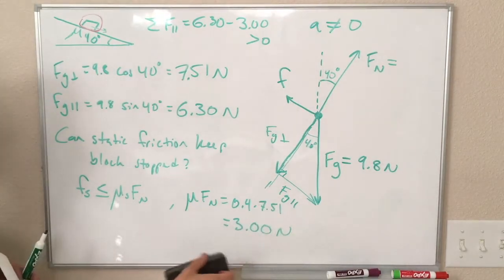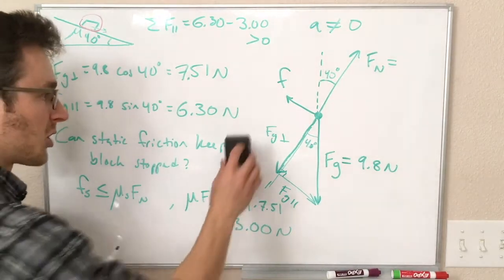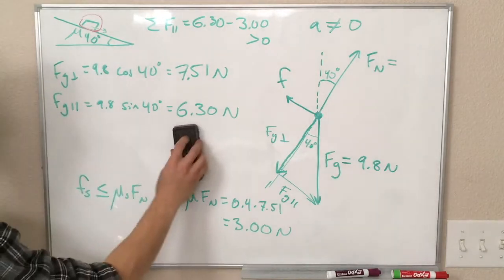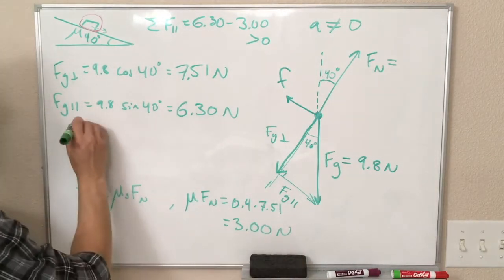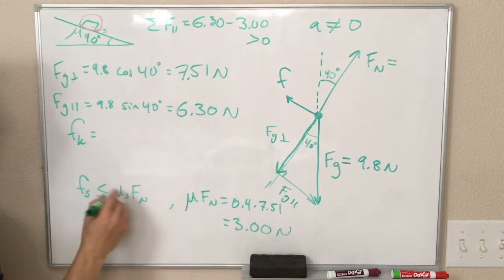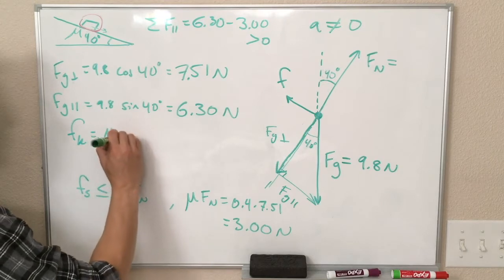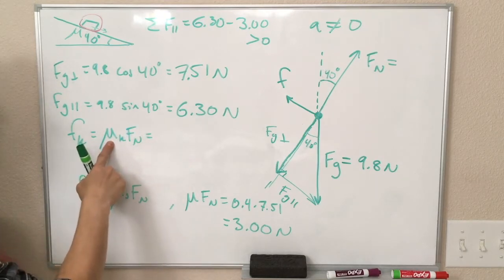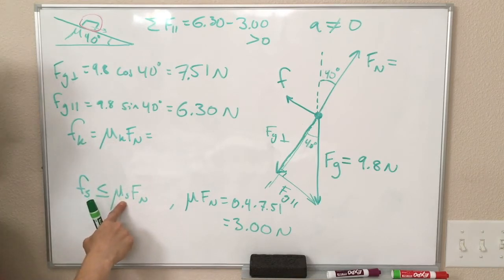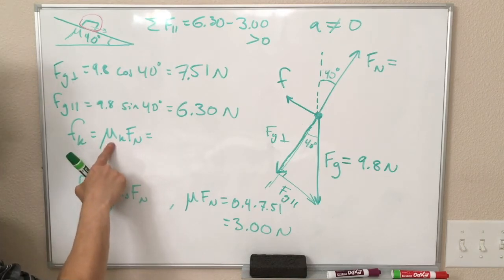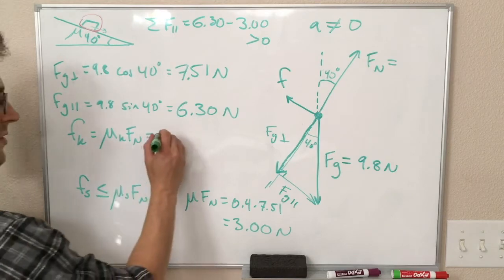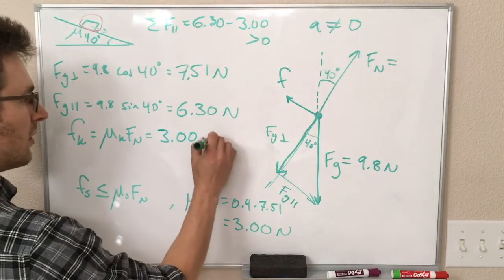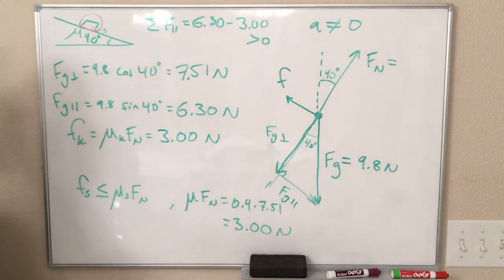To figure out how big it is, we need to think about the kinetic friction. So we know we're going to slide, so we know we're going to have kinetic friction. In our kinetic friction, we don't have an inequality. It is just equal to mu times the normal force. And mu k, again, in this problem is the same as mu s. So we still have 0.4 times 7.51, so this is still 3.00 newtons.